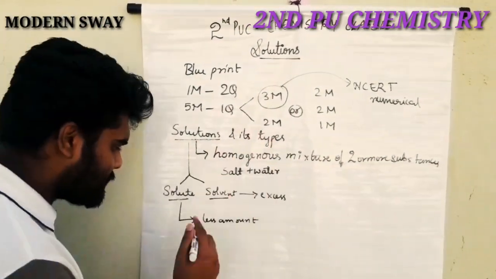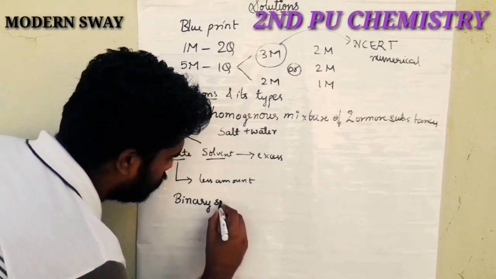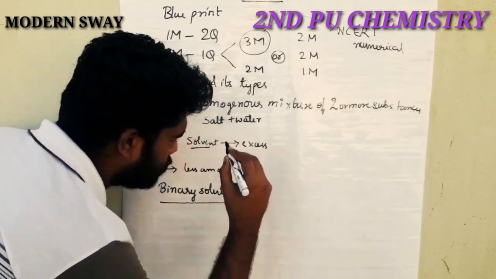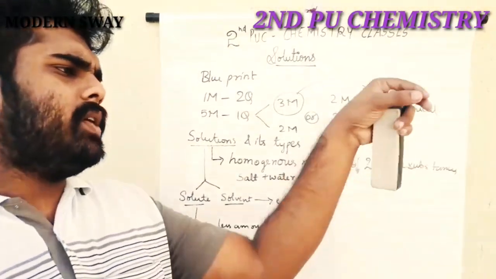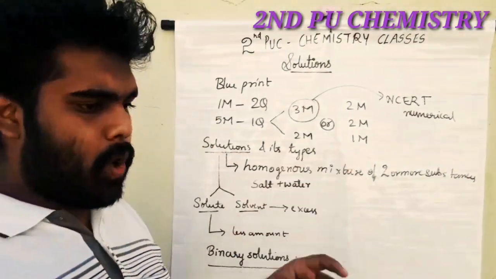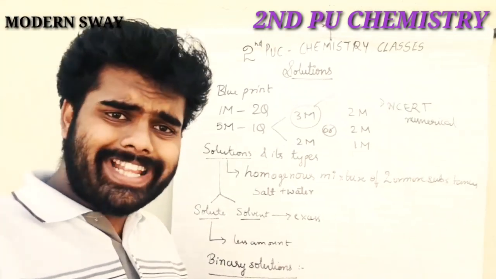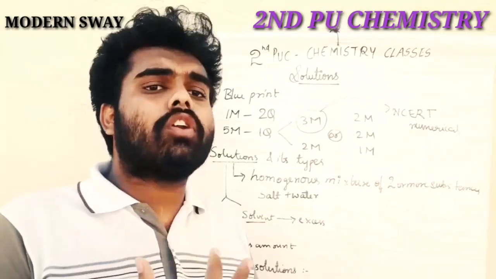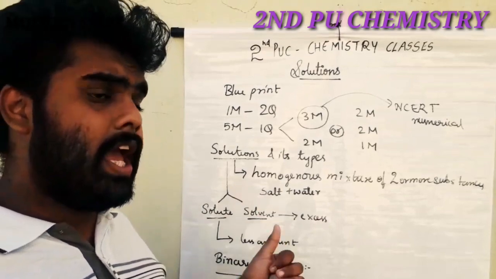Next we'll study what are binary solutions. This is also a very important one. Solution means not only one type of solute and one type of solvent; we'll take water, we can add salt, sugar, chalk powder, many things. If a solution is having 2 or more components, we can call it a solution.